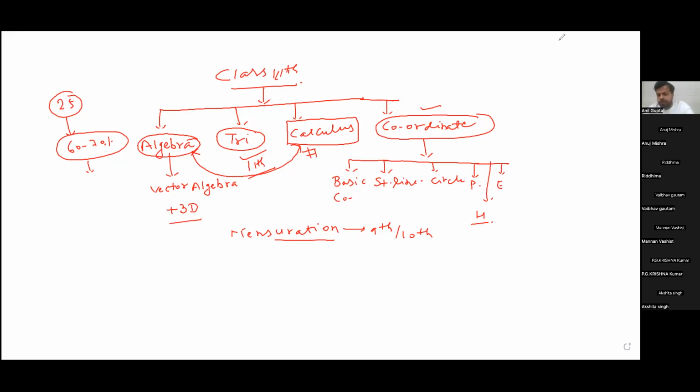Function, calculus, limit, continuity, differentiability. Continuity is when the graph is made by x and y axis with no breaking point. Differentiability is also there. Fourth is integration, differentiation.